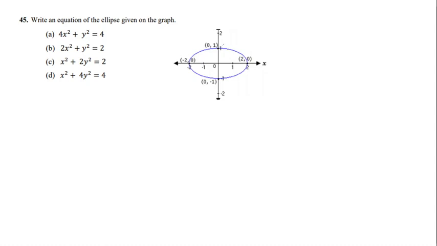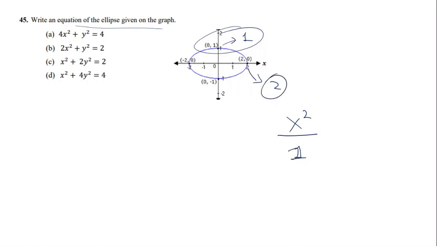Now the last one. This is very straightforward. Here's 1 and here's 2, and we want to find the ellipse, so you can say x squared over the x-intercept squared. The x-intercept is 2, so 2 squared, and y squared over the y-intercept, which is 1 squared, is equal to 1.